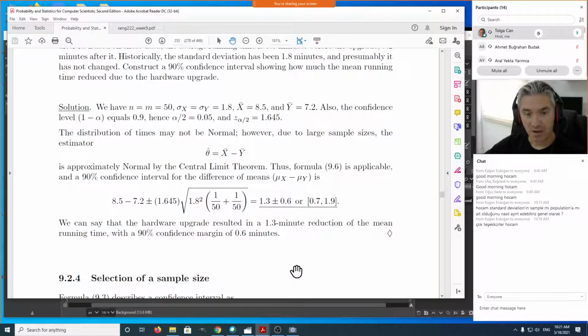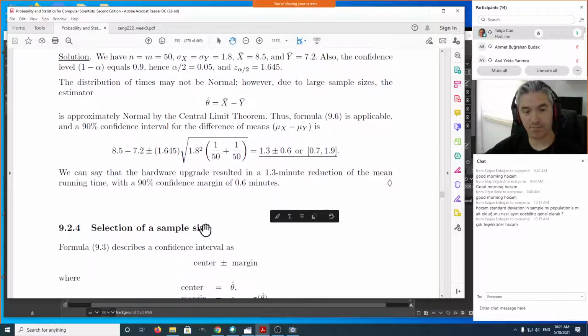Now, if you want to select the sample size based on a fixed confidence interval, for example, have a confidence interval around the mean with a fixed margin.